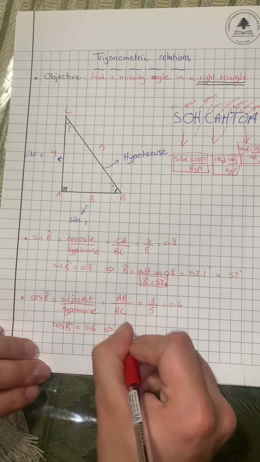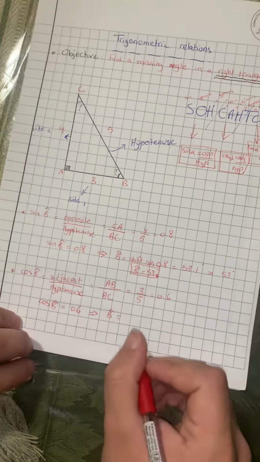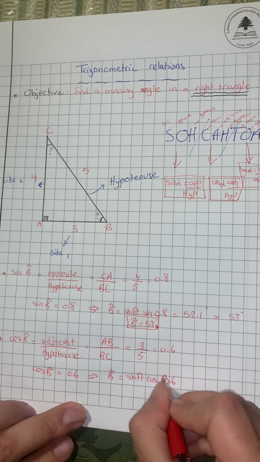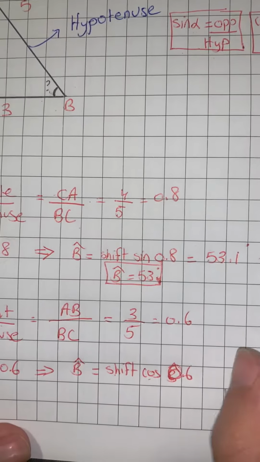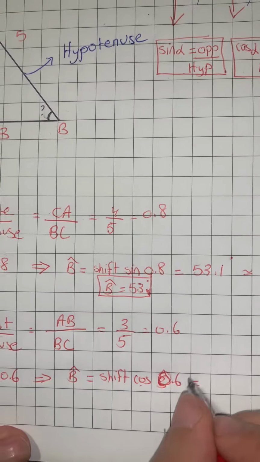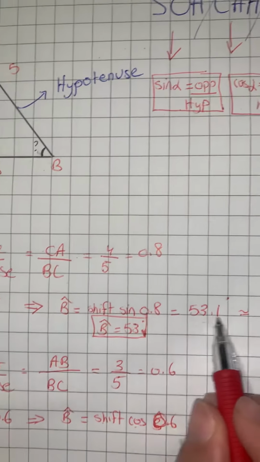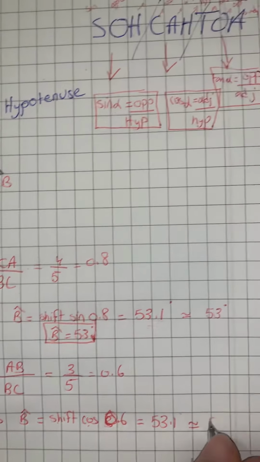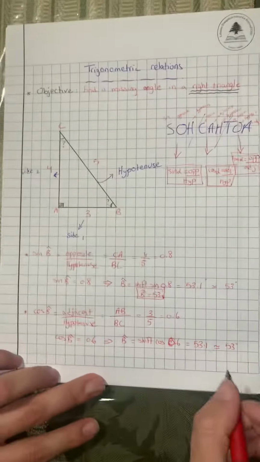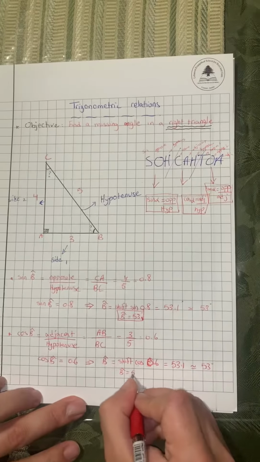As a result, to find the value of angle B, you press on your calculator shift, cosine, 0.6. You will obtain a very similar answer to the one we obtained previously, which is 53.1 degrees, approximately 53 degrees. So angle B will be 53 degrees.